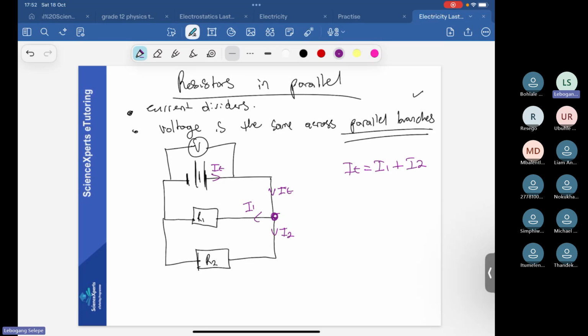Then they travel like that, and when they get here again, at another point where they meet again, they give us the total current again. This would be I1, this would be I2. They give us I total again, and I total goes back to the battery.